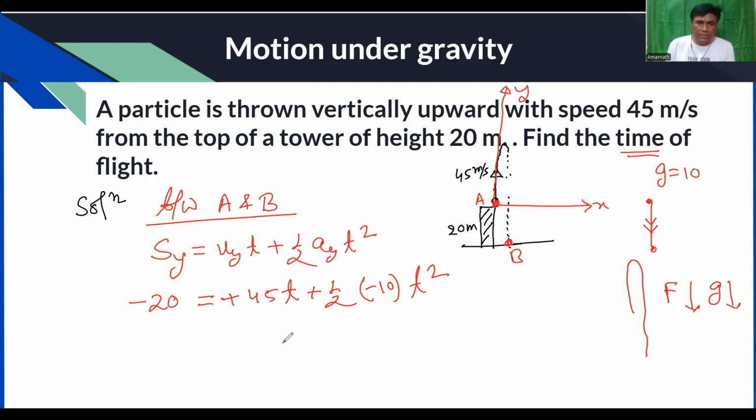Yes, sir. Okay. Now you have to solve this, okay? First of all, divide all this by 5. It will be 5, 4, it will be 9, it will be 2, okay? Then multiply everything by 2. So it will be -8, it will be 18, and it will be 2.